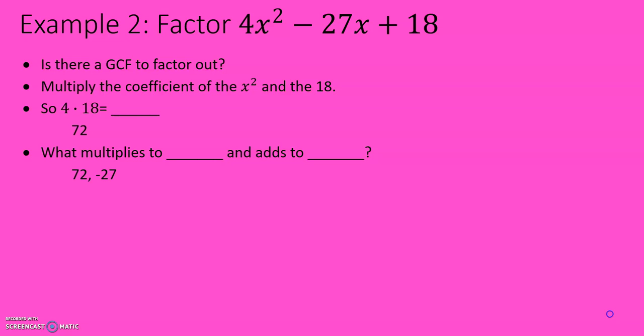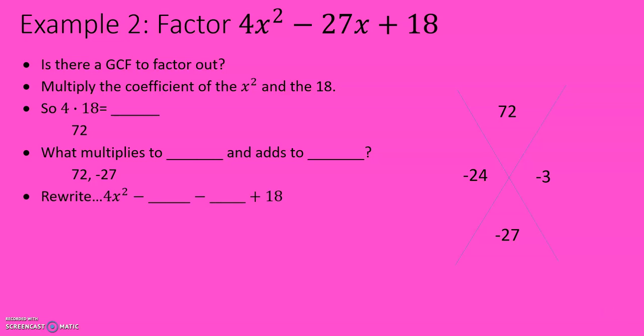What multiplies to 72 and adds to negative 27? Factors of 72 are going to be negative 24 and negative 3, adding to negative 27.